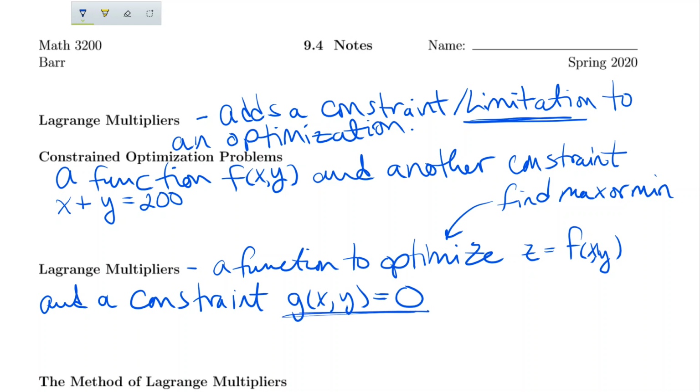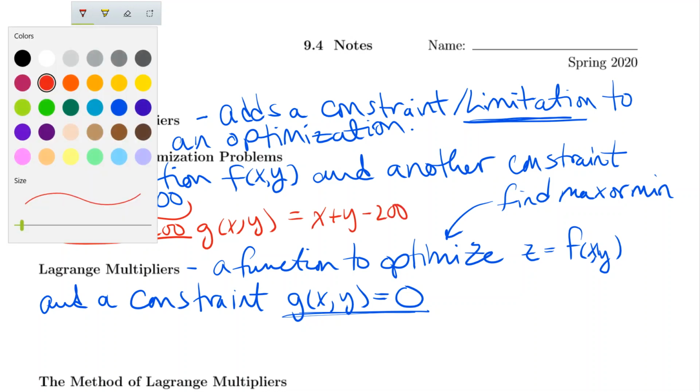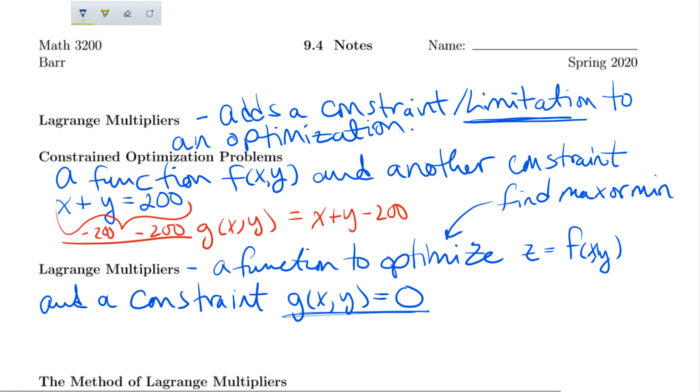So going back to our earlier example, what I would do is I would take this equation and subtract 200 from both sides to make it 0 on one side. And then for this one, g of x, y would be x plus y minus 200. See how that's working? So I changed my constraint to have one side be 0 so that I can combine these two into what would be the Lagrange multiplier equation.